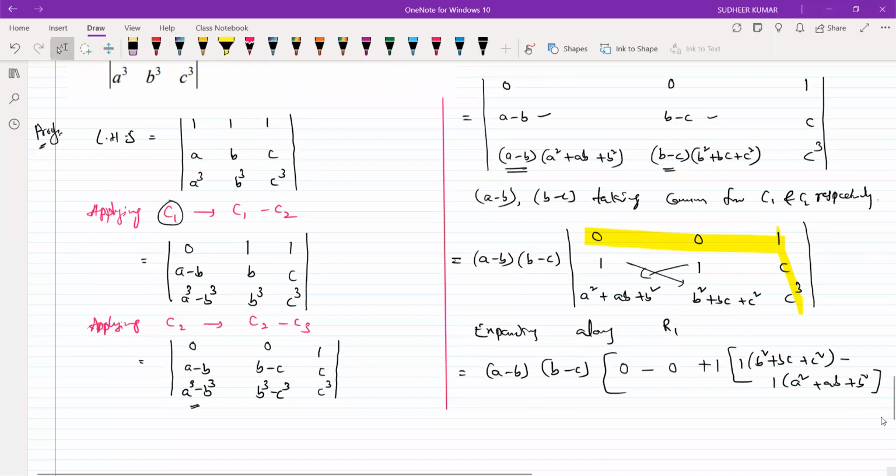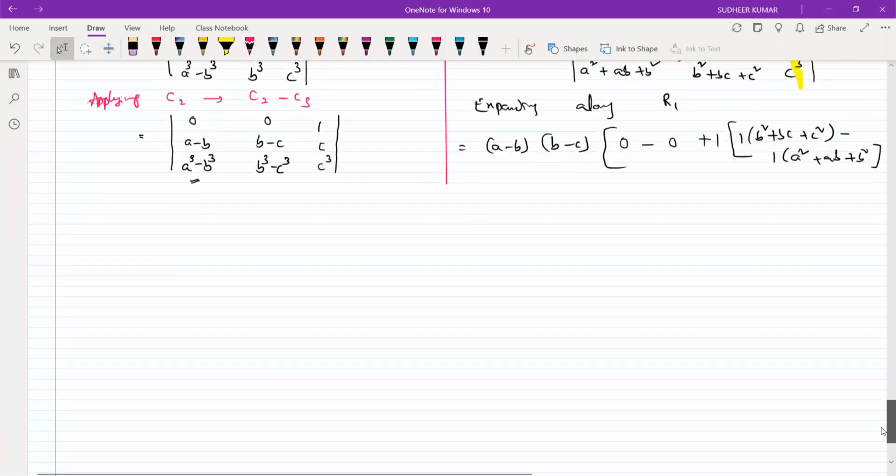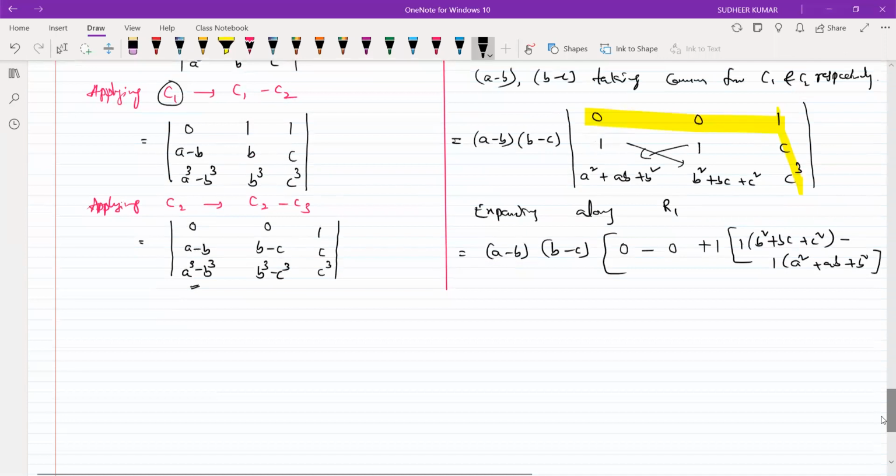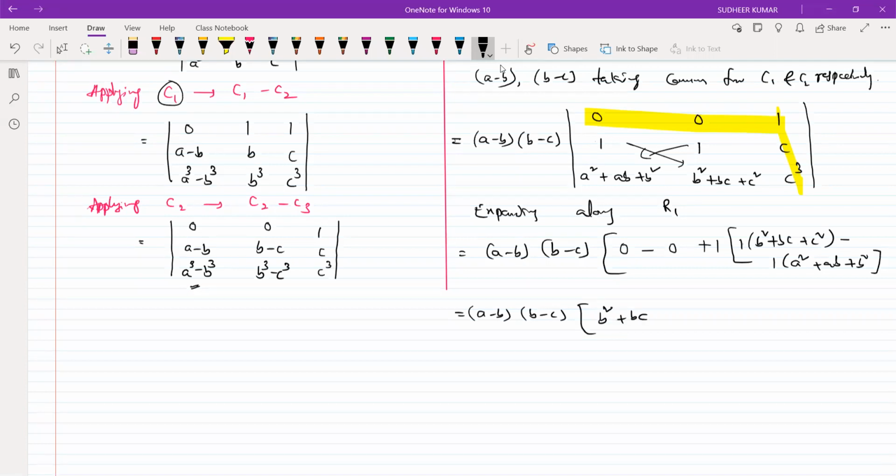Then now if we simplify that, we'll get this result. So this is A minus B into B minus C. This value is 0 only, we did not write it. So multiply this: this is B square plus BC plus C square minus of, plus is minus, minus A square minus AB minus B square.